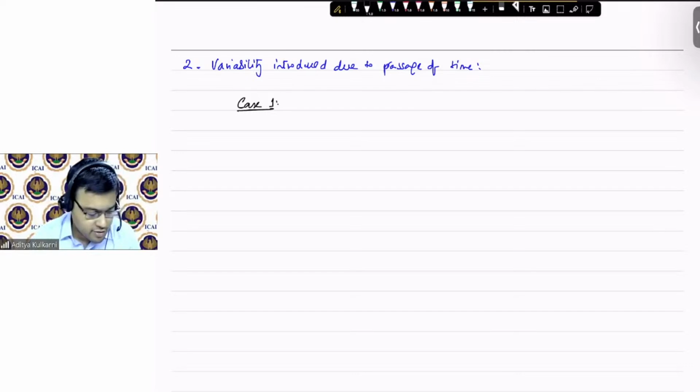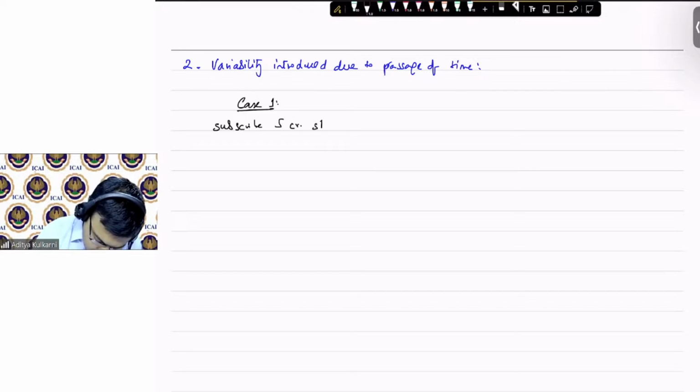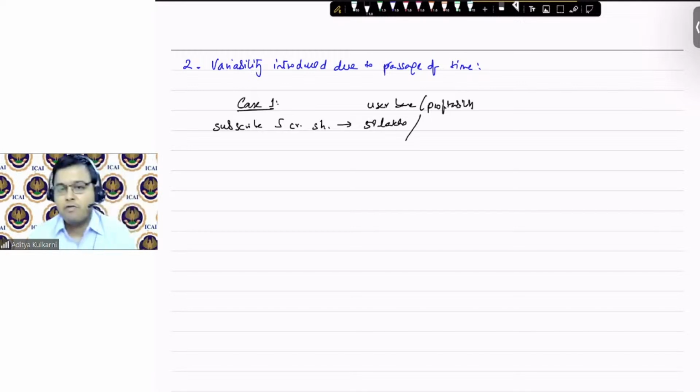For example, the investor will say, I will subscribe to 5 crore shares if your user base touches 50 lakhs. It could be anything. It could be profitability also.